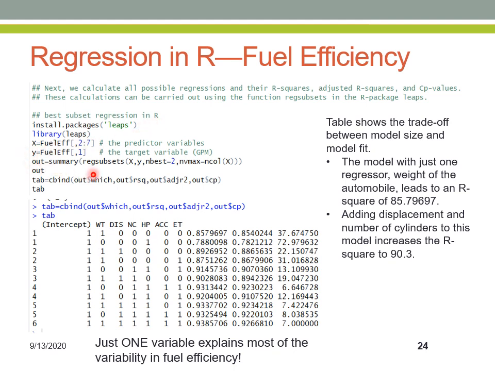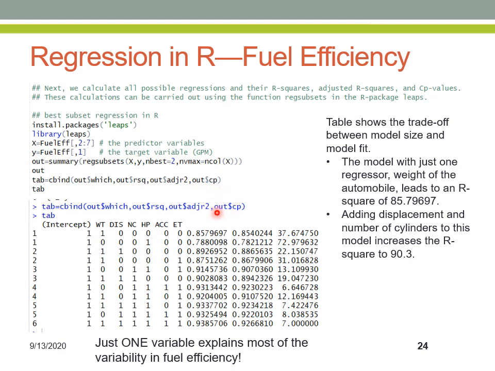We are going to use the regsubsets function from the leaps package, and then we're going to configure it to show us the best two parameters that we want to include in our equation, and for those to display the R-squared value, the adjusted R-squared value, and the CP value.